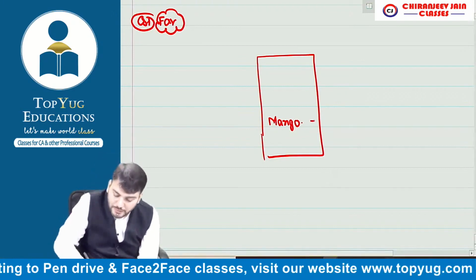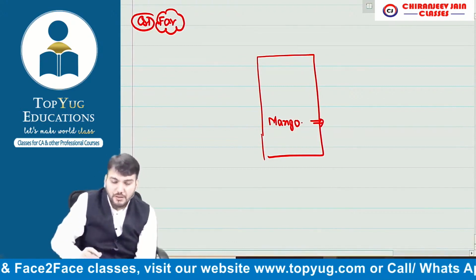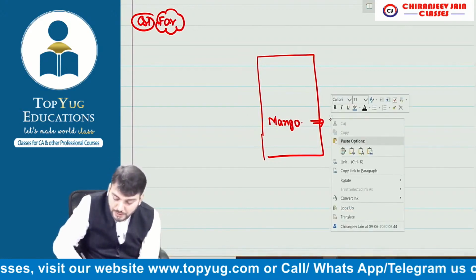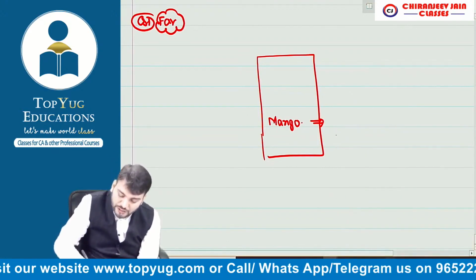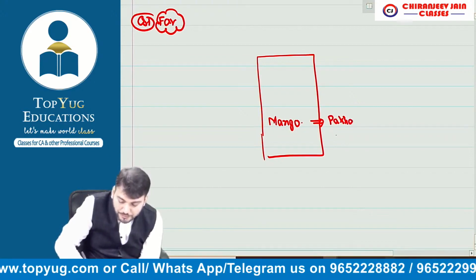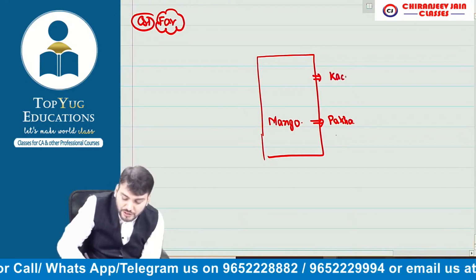Now, there are two types of mango. One is pakka mango, and there are some mangoes which are right now kacha.